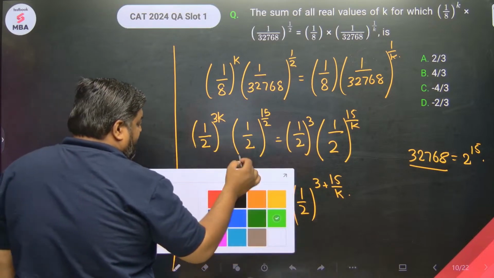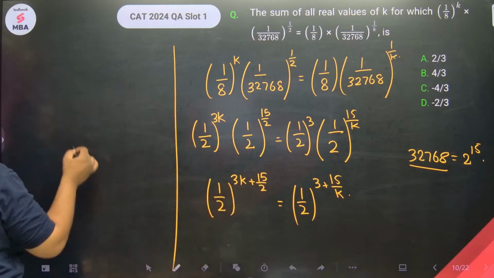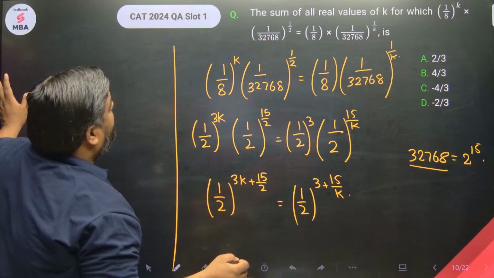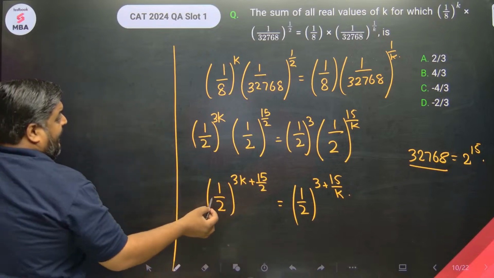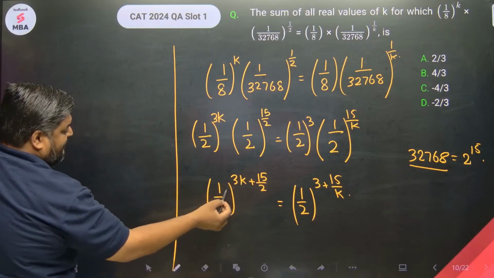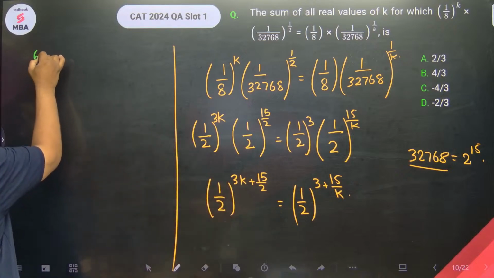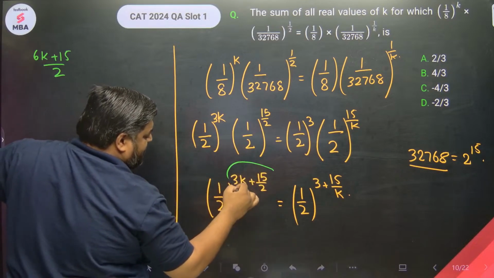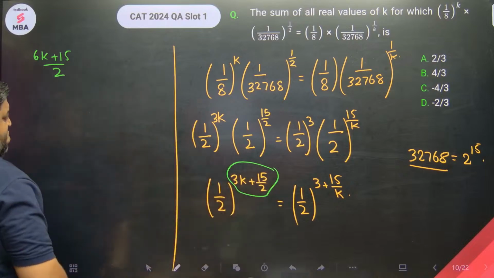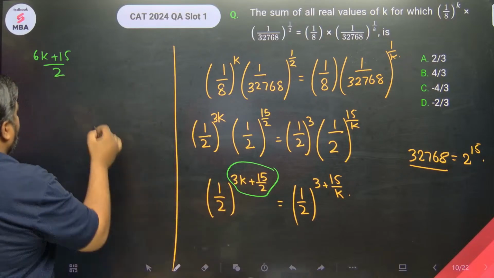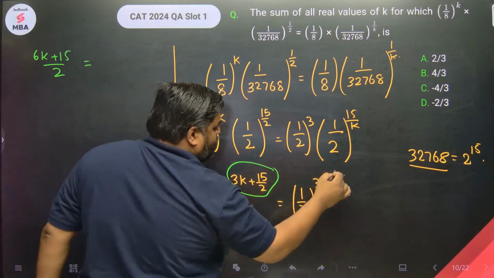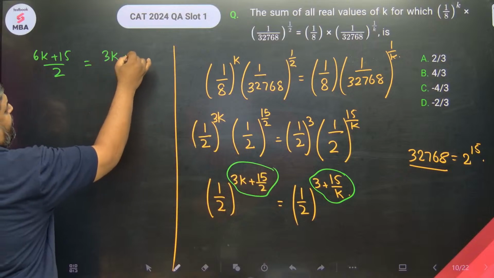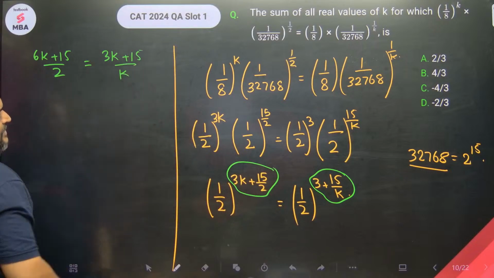So I can proudly write this as 6k plus 15 by 2. I did add this, I added it and wrote it directly. 6k plus 15 by 2 is equal to this one, we also add and write it, 3k plus 15 by k, right?